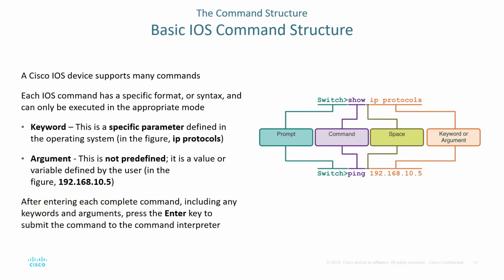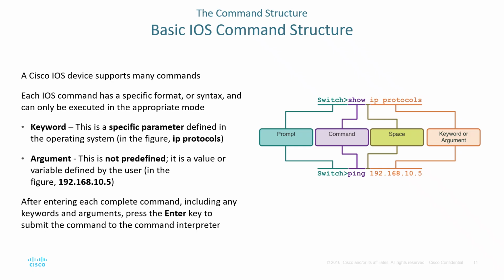Now, you do have to understand the basic command structure. A Cisco IOS device supports many commands. Each IOS command has a specific format or syntax and can only be executed in the appropriate mode. Within the IOS, you have keywords and you have arguments.